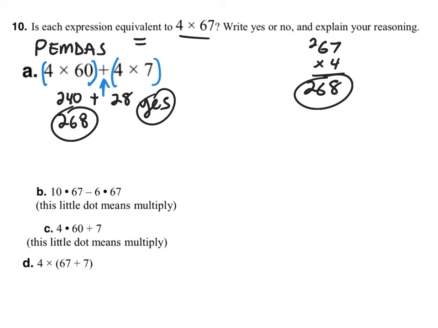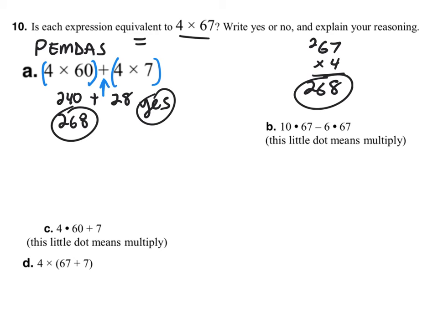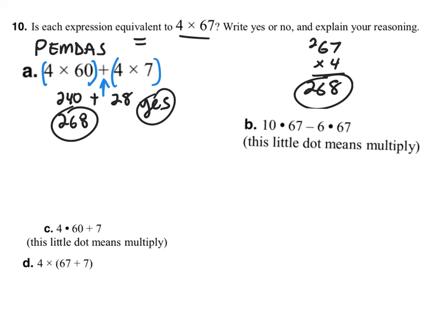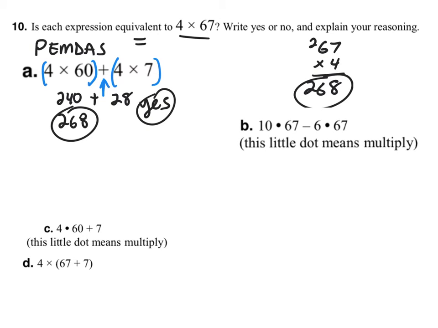B, let's do B over here. Same thing, we need to use the PEMDAS rules, and we don't see any parentheses. We do see multiplying, and the multiplying here is shown by these dots.